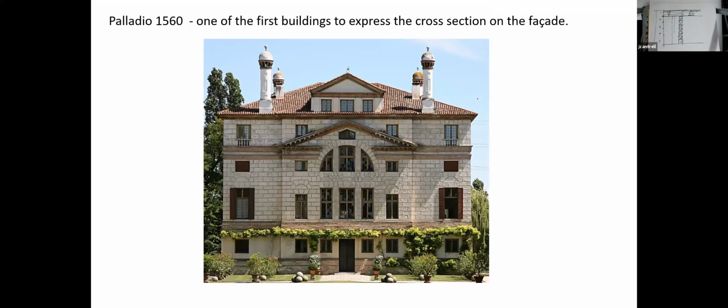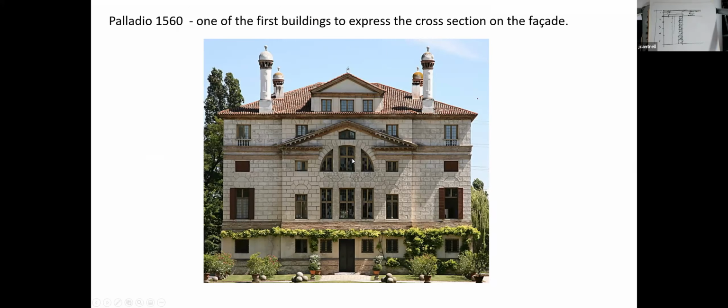So again, Palladio is borrowing or restyling the Diocletian window in the facade of his Villa Foscari outside of Venice. You can see the semi-arched window above expresses the barrel vaults in the section behind it. It's a semicircular arch subdivided into 3 parts.